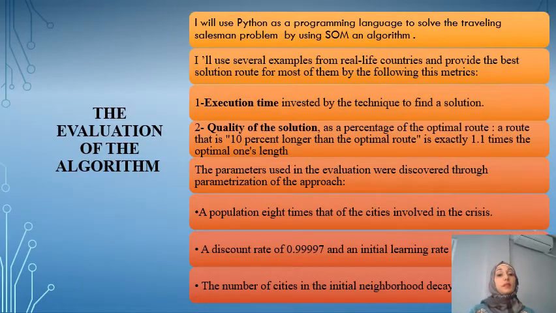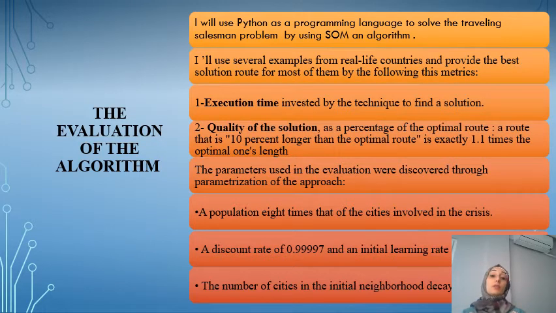I used Python as a programming language to implement an algorithm that solves the traveling salesman problem. When we want to evaluate any algorithm, a real example is the best way to evaluate it.